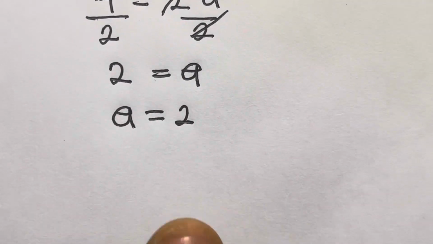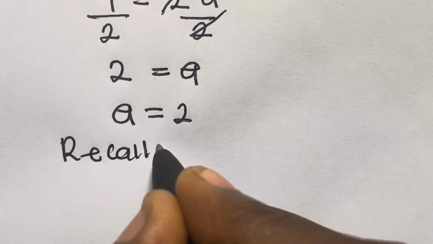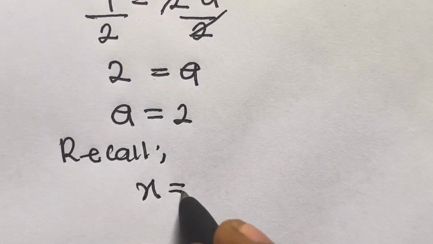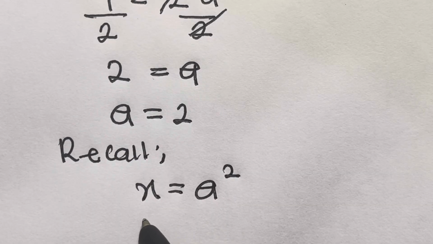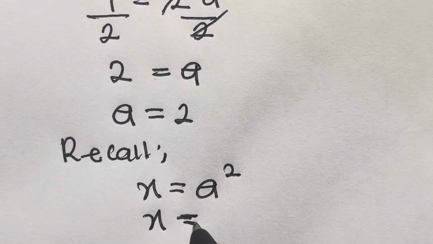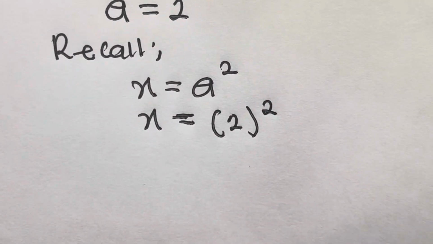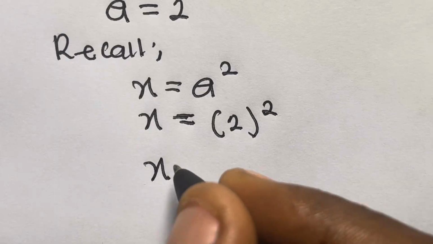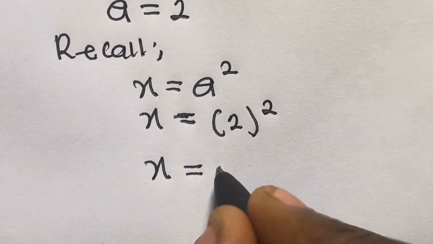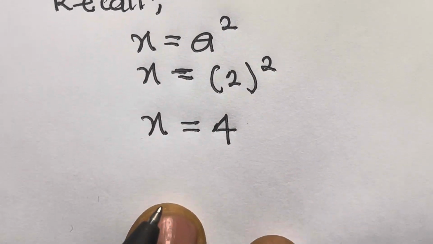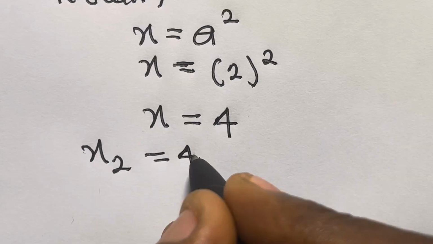Again, we are not looking for a, we are looking for x. We recall that x equals a squared. So we have x equals 2 squared, which gives us 4. And you can declare that our x2 equals 4.